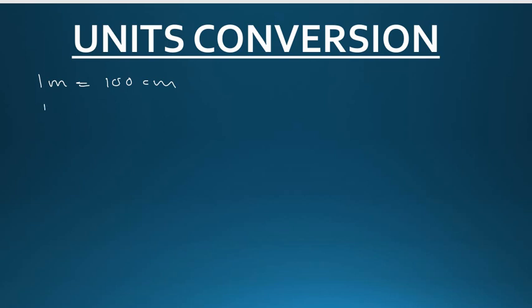Okay, and 1 centimeter, guys, is equal to 10 millimeters. What about now 1 meter? 1 meter is going to be equal to 1000 millimeters, guys. 1 kilometer is equal to 1000 meters. You shouldn't forget this, guys, I beg. These simple things make physics 101 difficult.